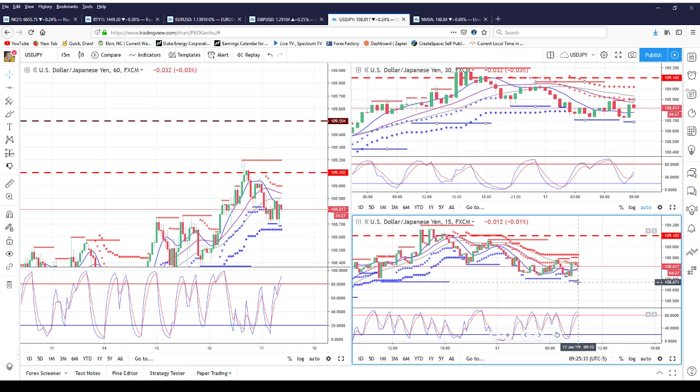Now, as long as this bar stays bearish, it has the potential to turn the stochastics down. Same thing over here on your 60 minute, has the potential to turn that down.